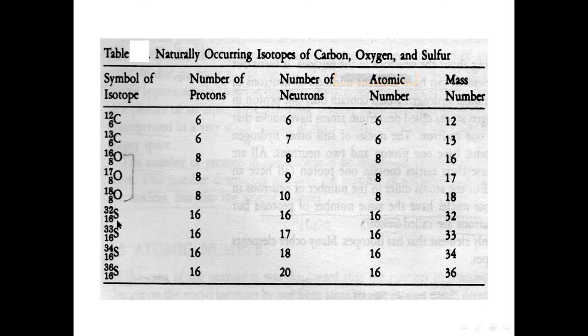Also sulfur isotopes differ in the number of neutrons and in the mass number.